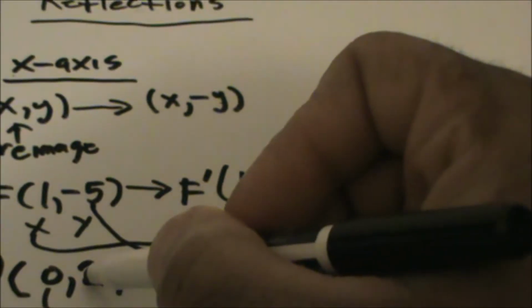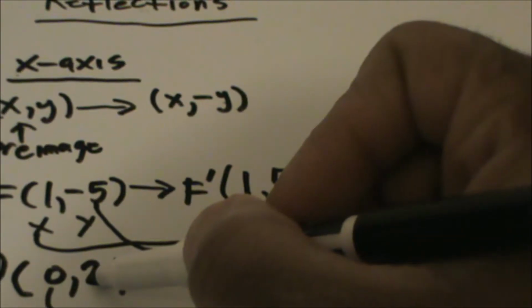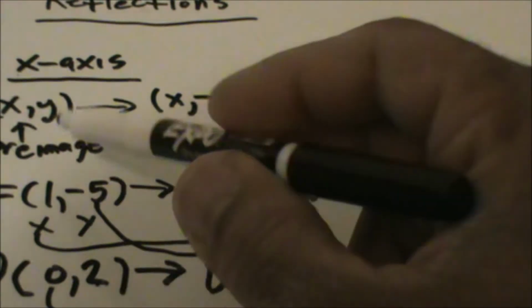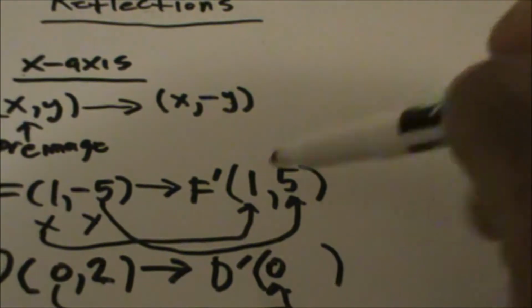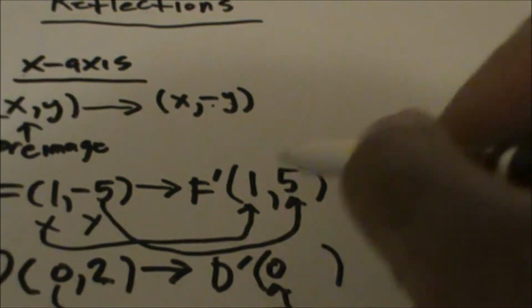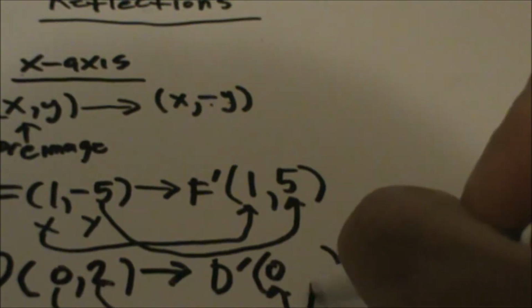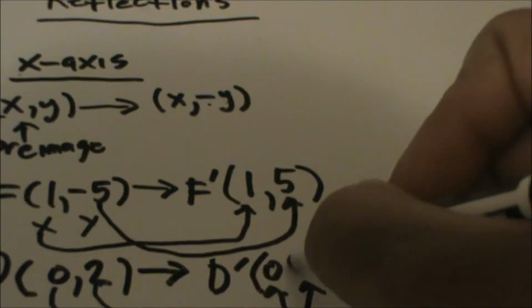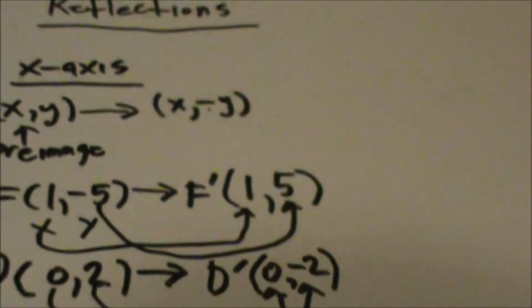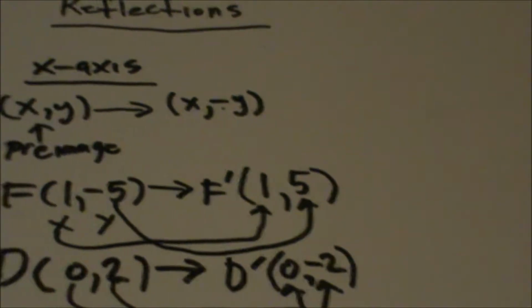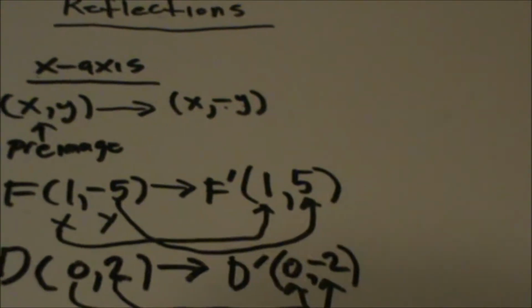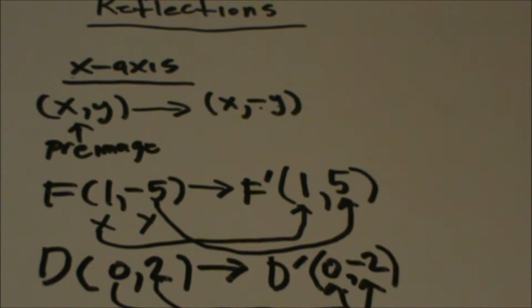But look at the change. The y value is 2, it's positive in its pre-image, but it will become negative in its reflection. So it will be -2. And let's do one more.